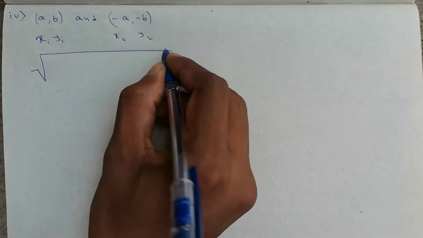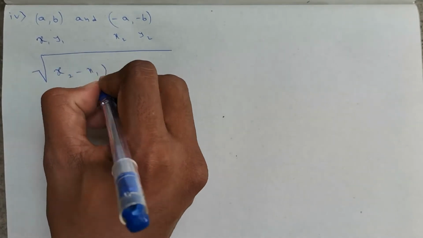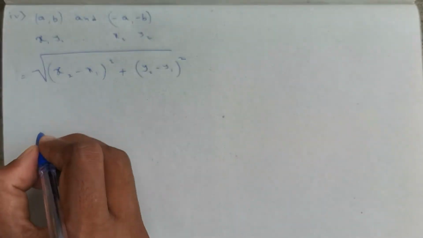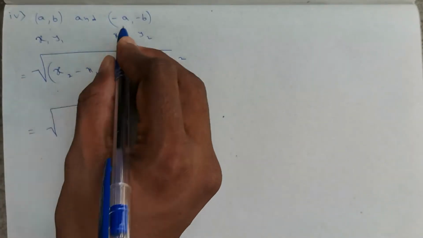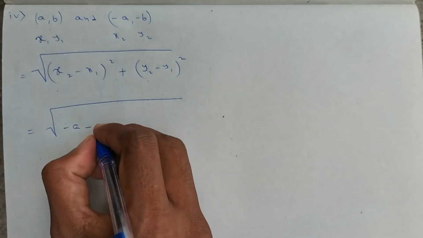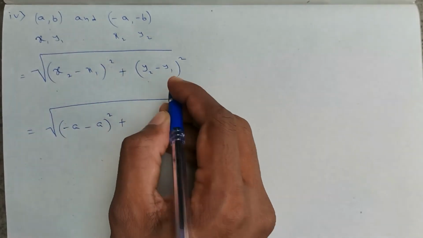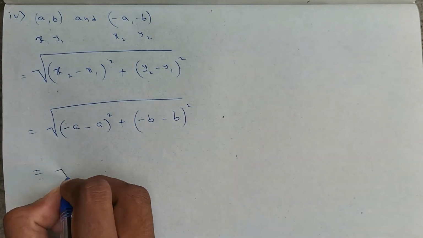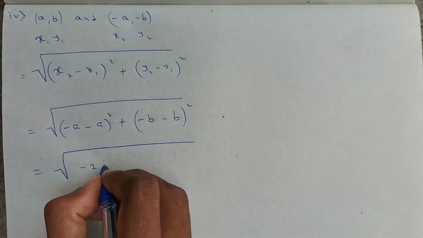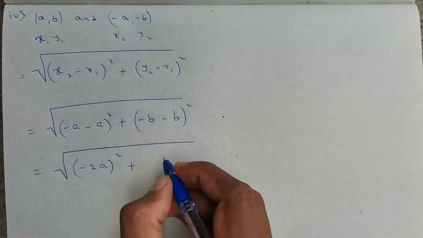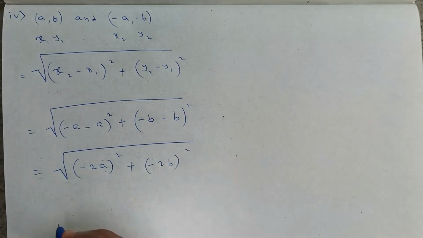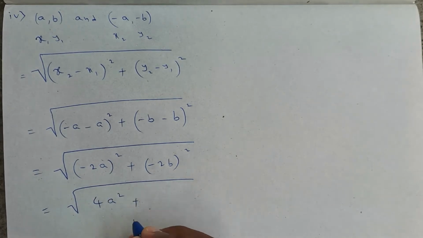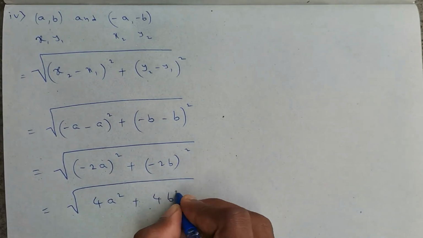So under root (x2 minus x1) whole square plus (y2 minus y1) whole square, which is equal to under root, here x2 is minus a minus x1 is a whole square plus y2 is minus b minus y1 is b whole square, is equal to under root (minus a minus a), minus 2a whole square, plus (minus b minus b), minus 2b whole square, is equal to (minus 2a) whole square, 4a square, plus (minus 2b) whole square, 4b square.